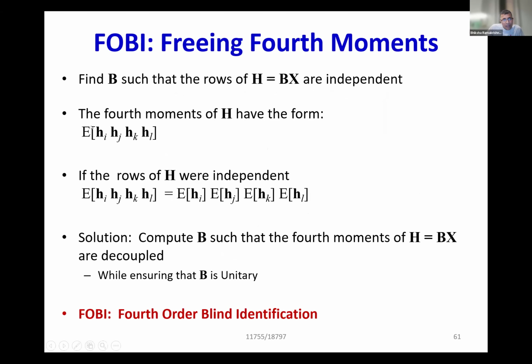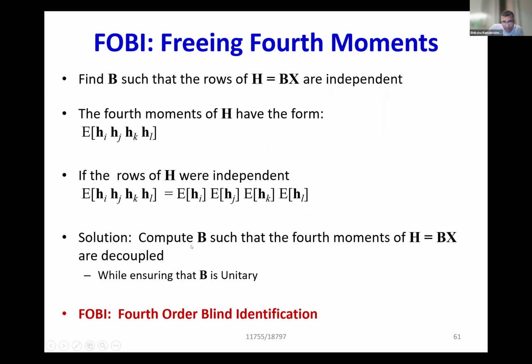Here's what I do. The 4th order moments of H have the form HI times HJ times HK times HL, right? So if the rows of my big matrix H were independent, then this is the property I would find, correct?